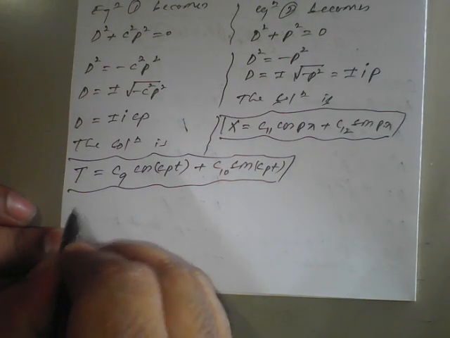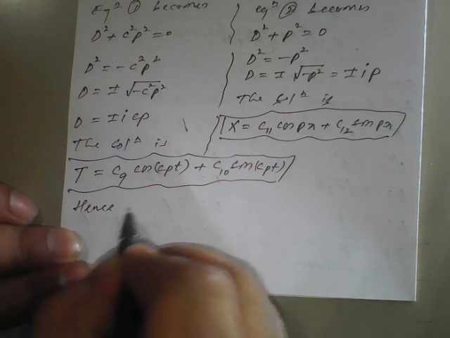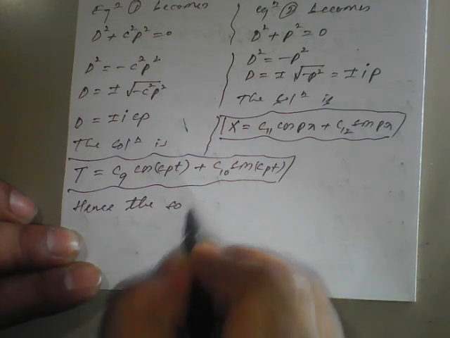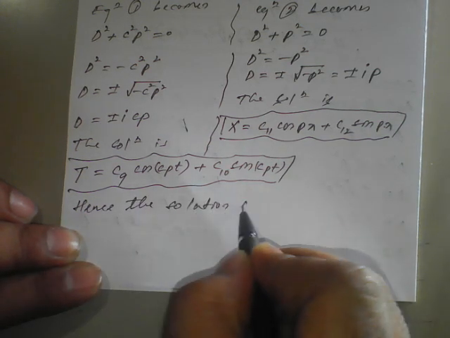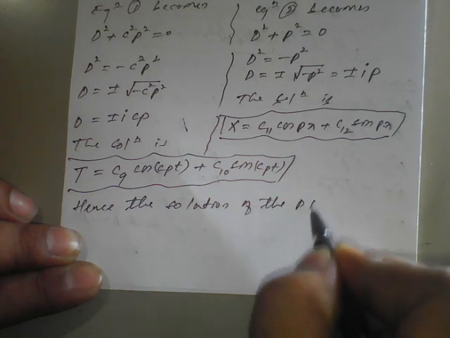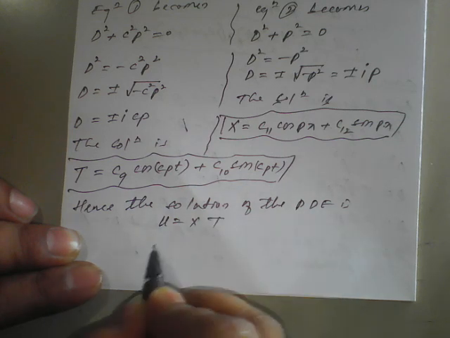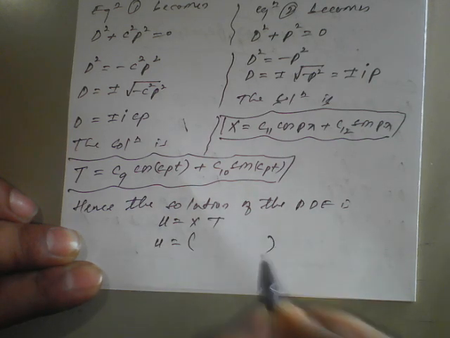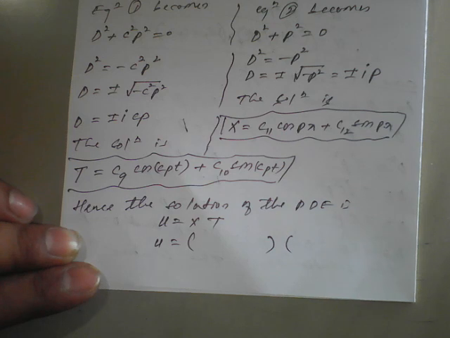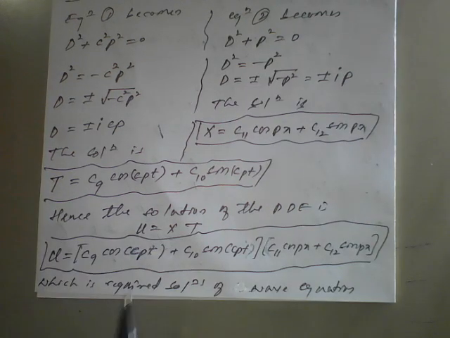Therefore, hence the solution of the PDE is u is equal to XT, that is u is equal to two brackets here, so u is equal to, X value I have taken here and T value here, which is nothing but the solution when k is equal to minus p square.